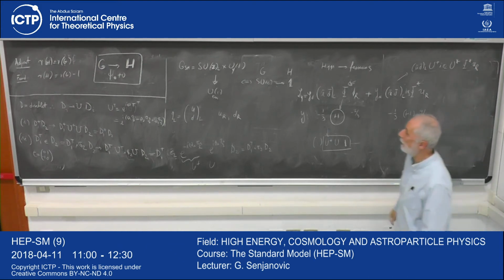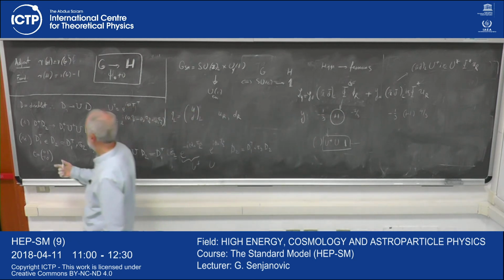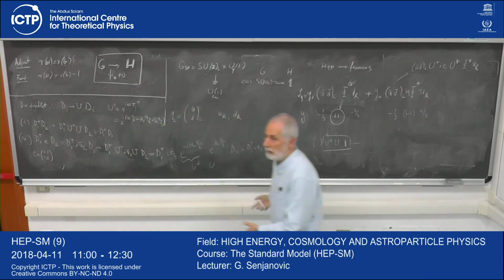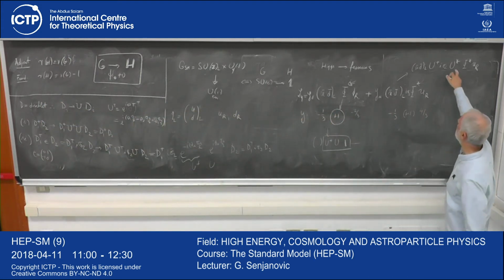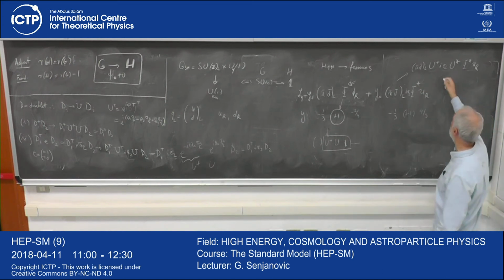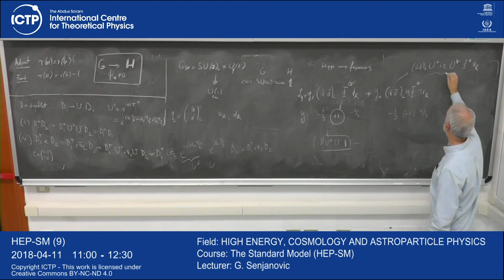Why will I do the same? Because I have precisely this situation. I have two real D1 and D2. Here I have two complex. I have a star and a star hitting here. And it's very easy to see that this is by the same procedure as before.